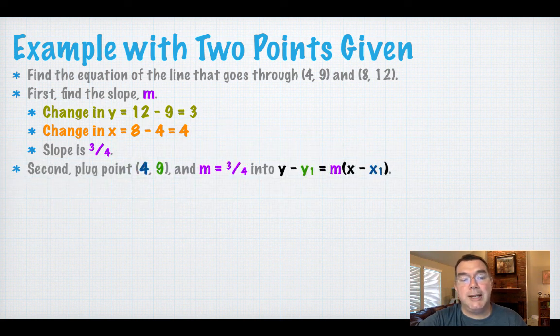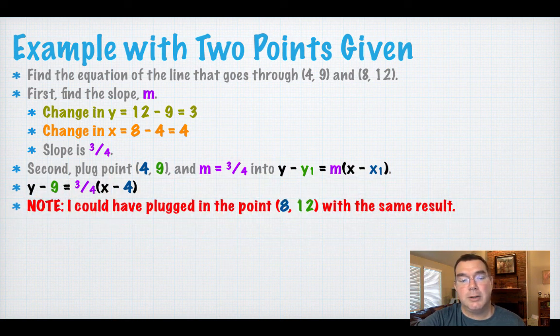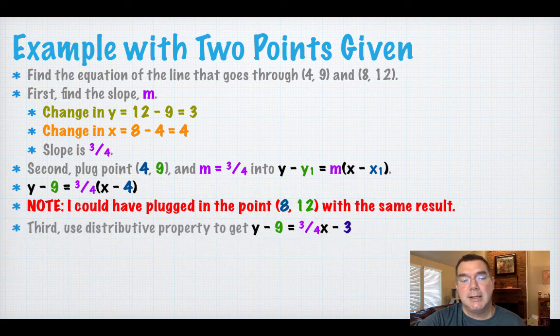I'm going to plug the point (4, 9) and that slope of 3/4 into point-slope form, and I will get y minus 9 equals 3/4 times (x minus 4). Notice that I could have plugged in (8, 12), and I would have gotten the same answer. I won't go through that with you, but we can talk about that more in class. Now I need to convert point-slope form to standard form. I use the distributive property on the right-hand side.